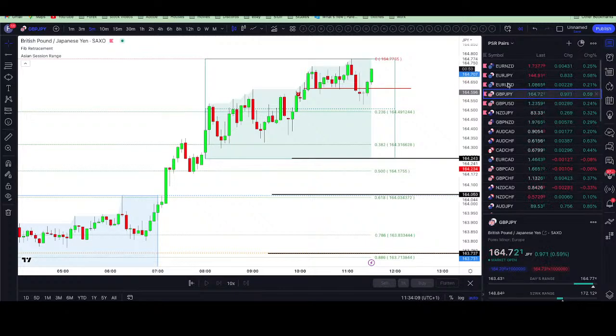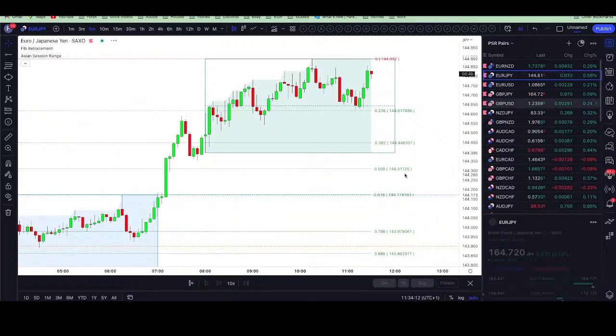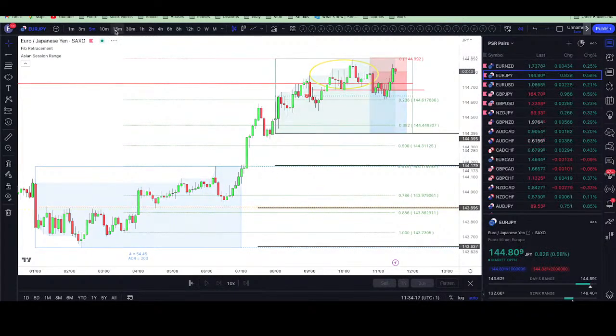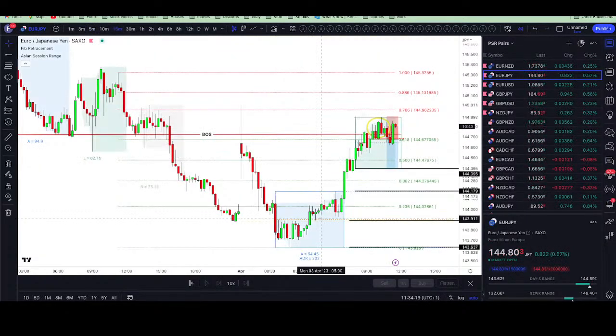Yep, they're doing aggressive moves back up, so it looks like they want to keep them bullish right now. Let's see what they do.